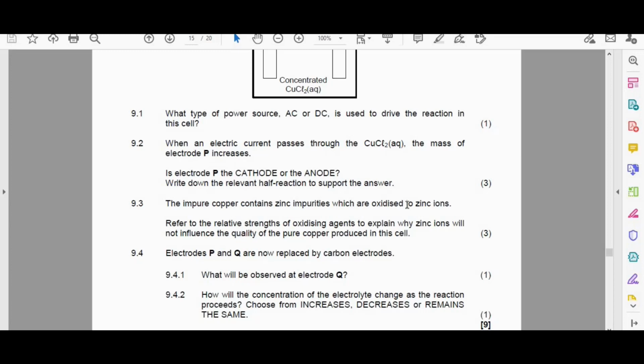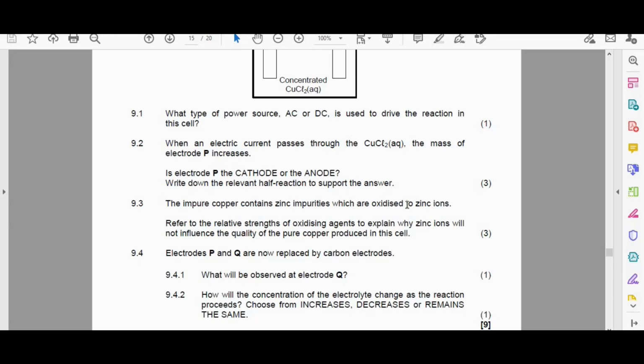The solution's definitely going to change color. I'm correct in saying that copper chloride does have a certain coloration to it. If you are separating the two, copper goes to the cathode to be reduced and starts collecting on the electrode, and chlorine goes to the anode and starts bubbling.